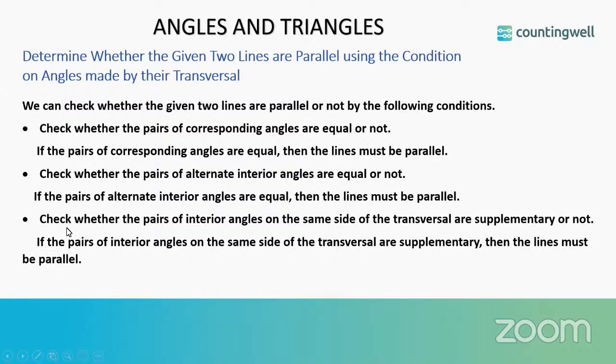Check whether the pairs of interior angles on the same side of the transversal are supplementary or not. If they are supplementary, then the lines must be parallel. So these are the three conditions we can check for parallel lines.